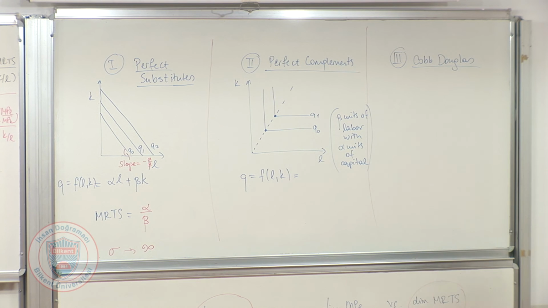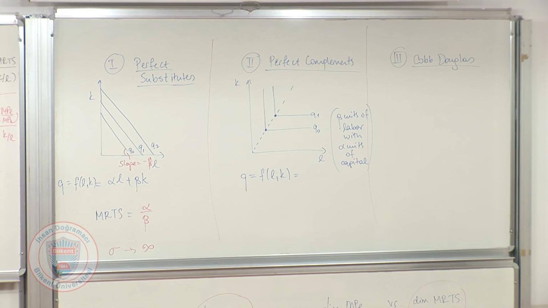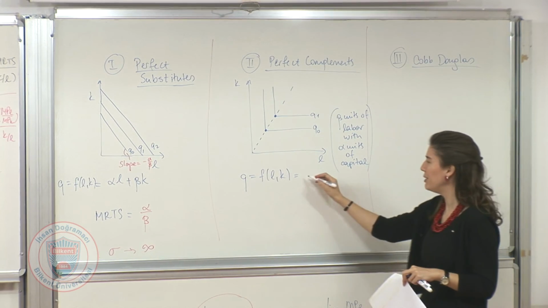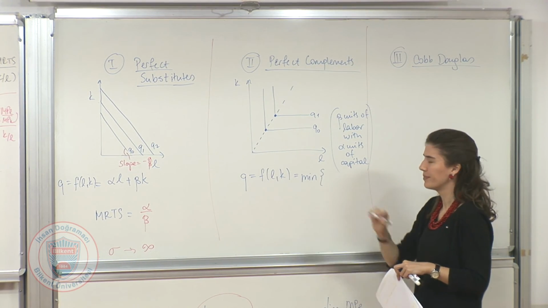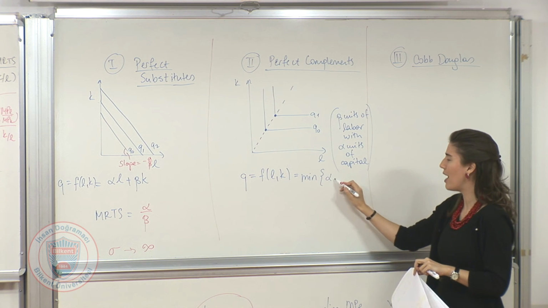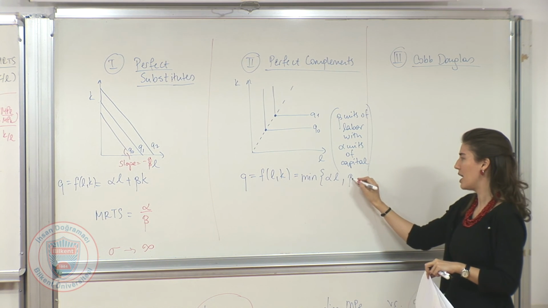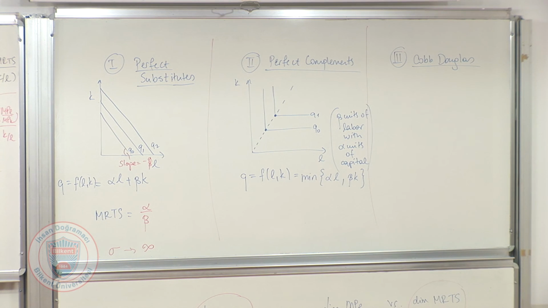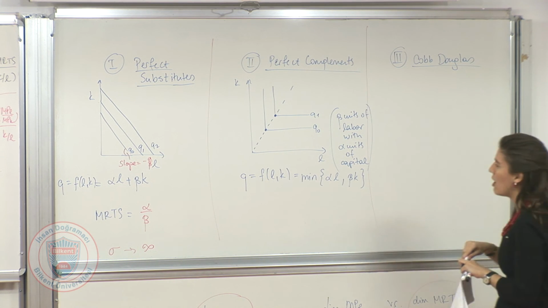So let's put it, 2 units, 2 pilots, 1 airplane, 1 plane. So how shall I write this? We were writing minimum. Remember, you were just changing the place. So it's actually min(alpha L, beta K), right? So this is basically how we were writing the case for the perfect complements.